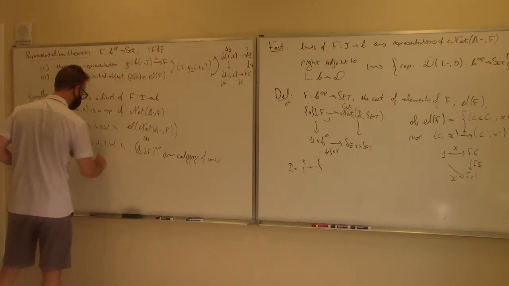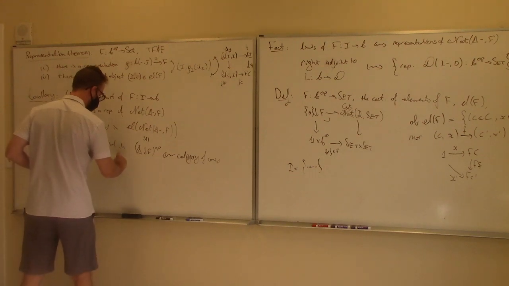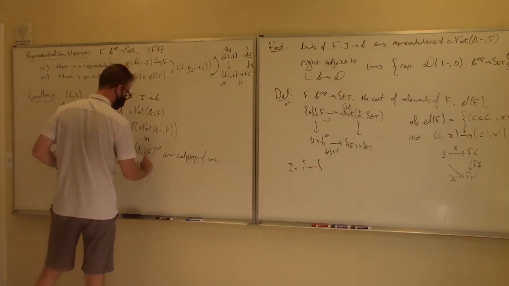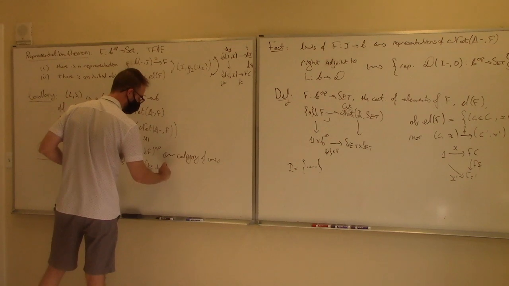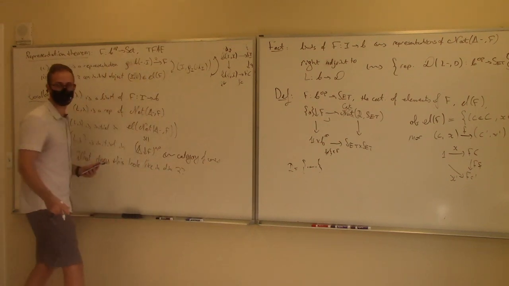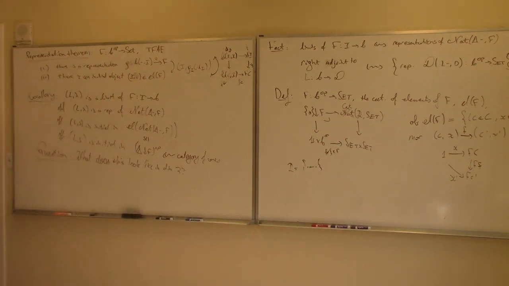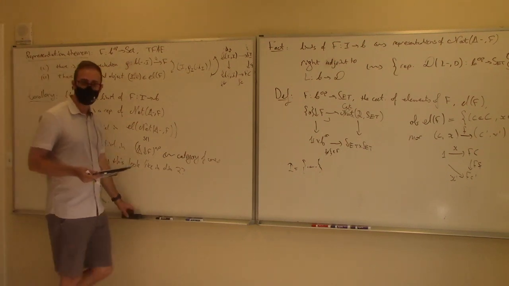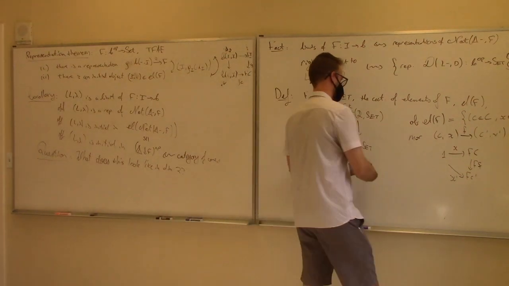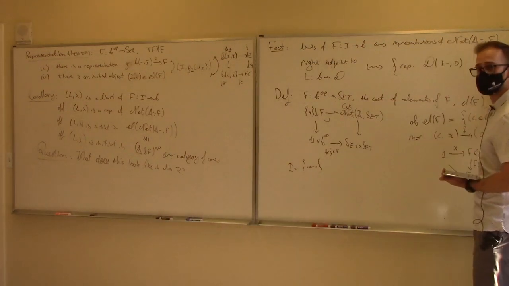What does this look like in dimension 2? And to answer that, we're going to have to go through everything we just said and work out what it means to put a 2 in front of that. And some of these things I'm not going to think too carefully about, but others I think are worth looking at, and we'll go through that one step at a time. All right, any thoughts before we move on? Nope, okay.